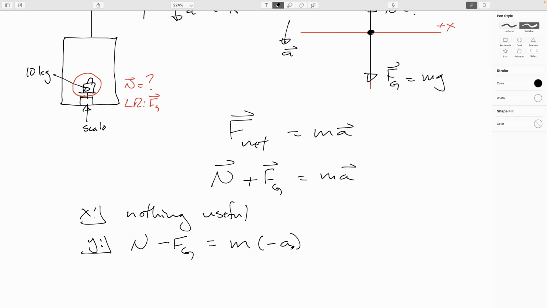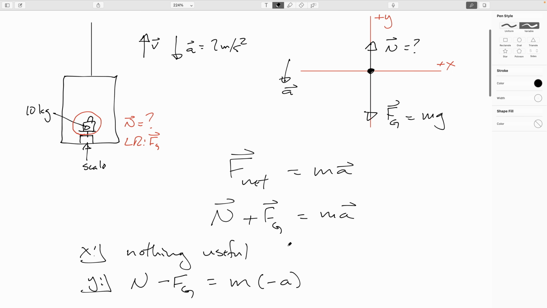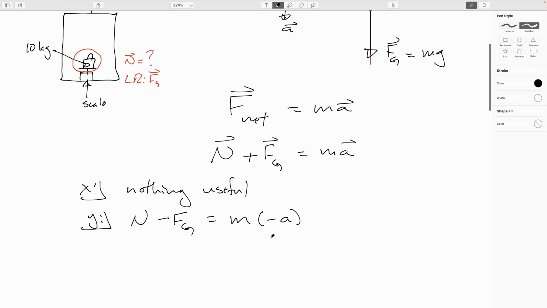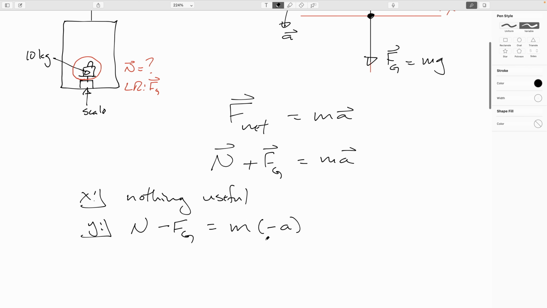So we could have chosen, and in a later problem we will choose, to put plus y downward. And if we did that, it would flip the order of these and make this a positive a, which would be the same thing as taking this equation and multiplying both sides by -1, but you're less likely to forget to take this into account.